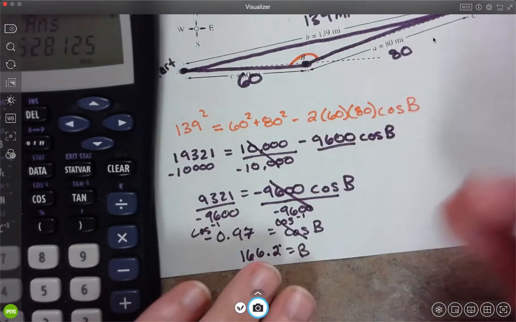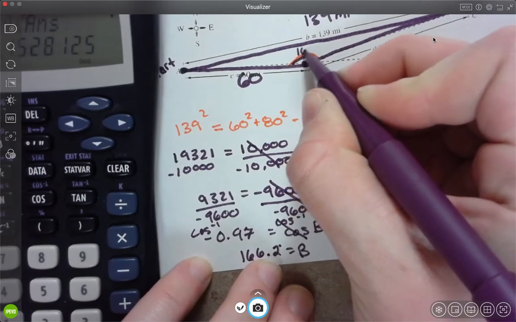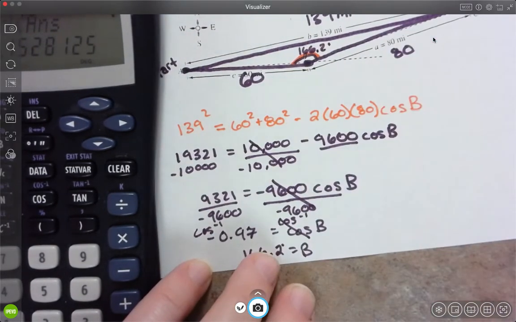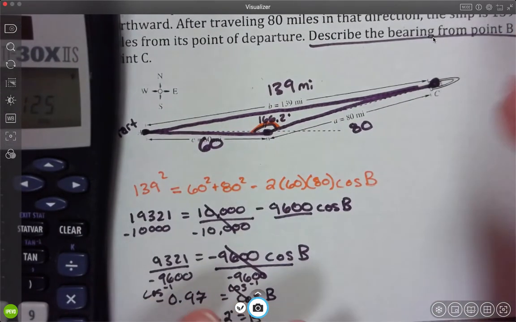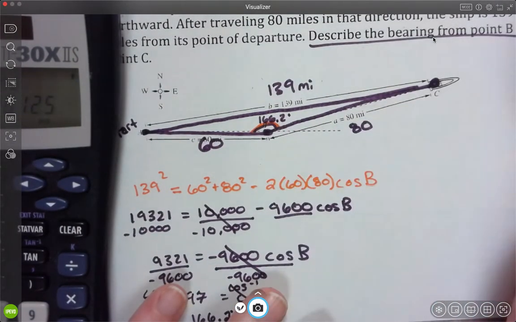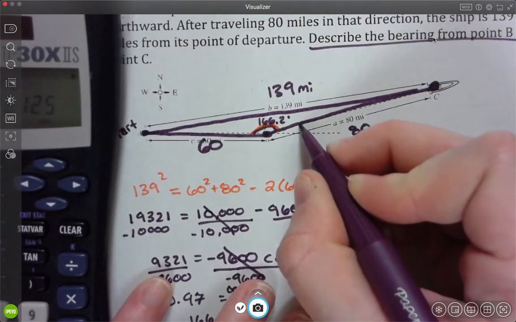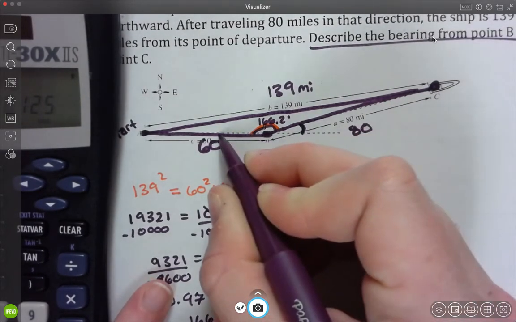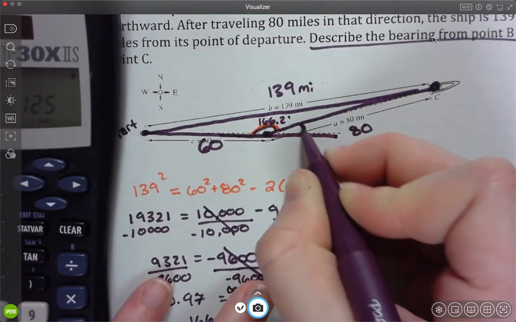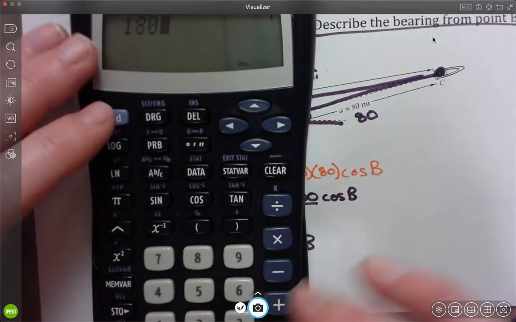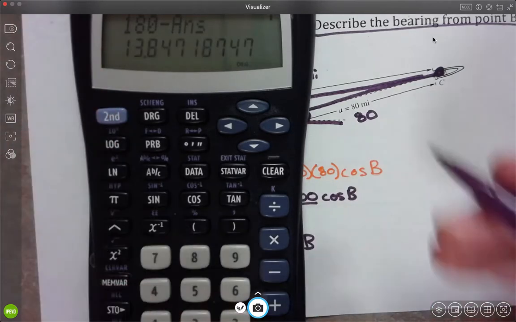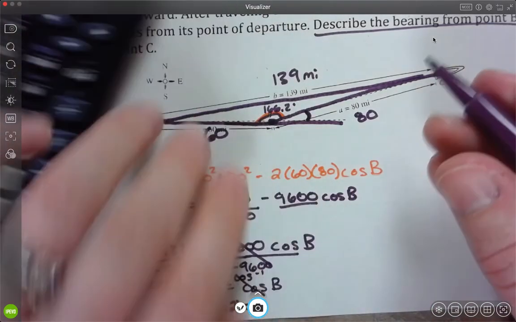All right, 166.2 degrees. Now they want us to describe it as a bearing from point B to point C. Rather than writing that as 166.2, I'm going to find out what this angle is. All the way straight across here is 180. So if I subtract this guy from 180, that will be 13.8 degrees.